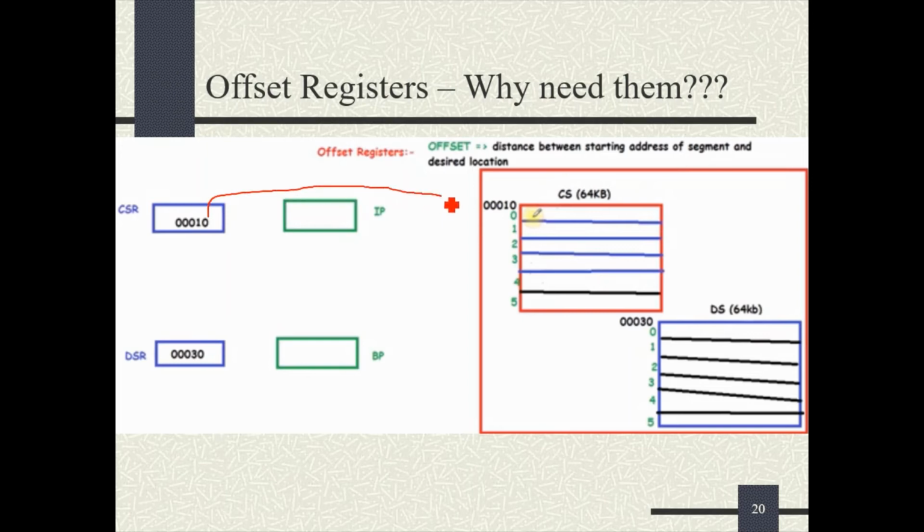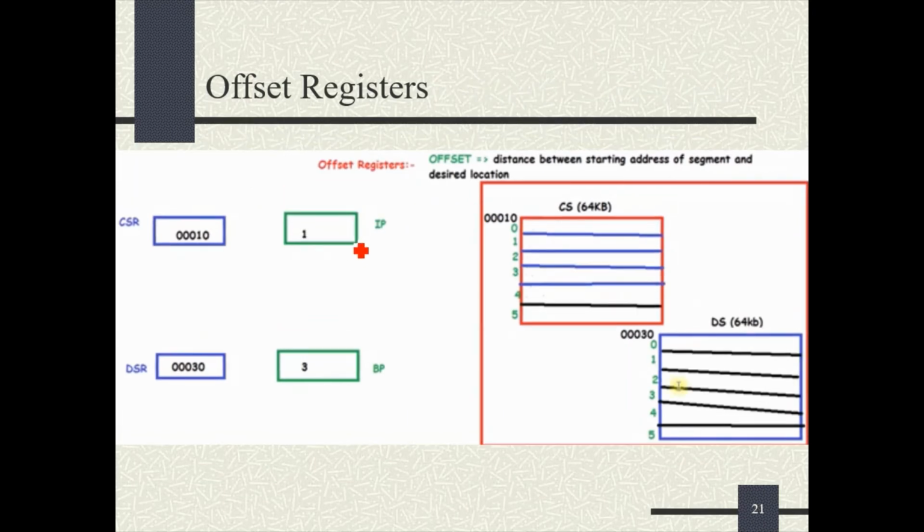Here, the code segment register is pointing towards the starting location of the code segment in the memory, and the value in IP would be pointing towards the offset value inside the segment, or the address inside the segment.